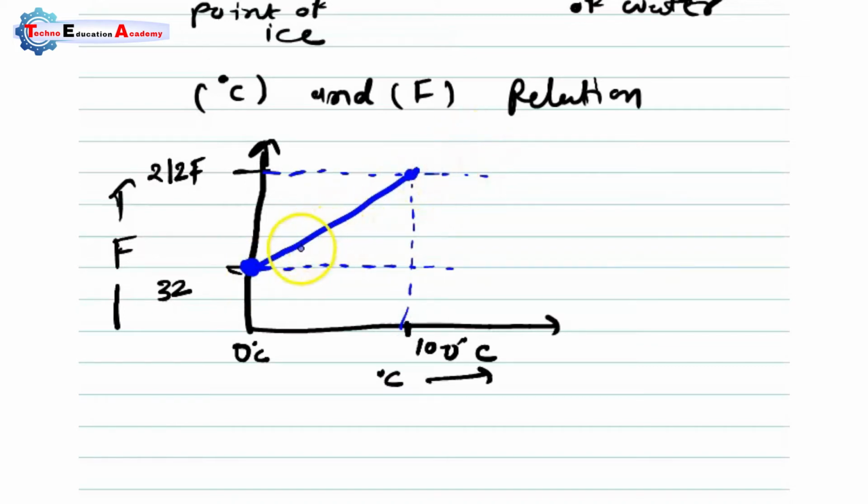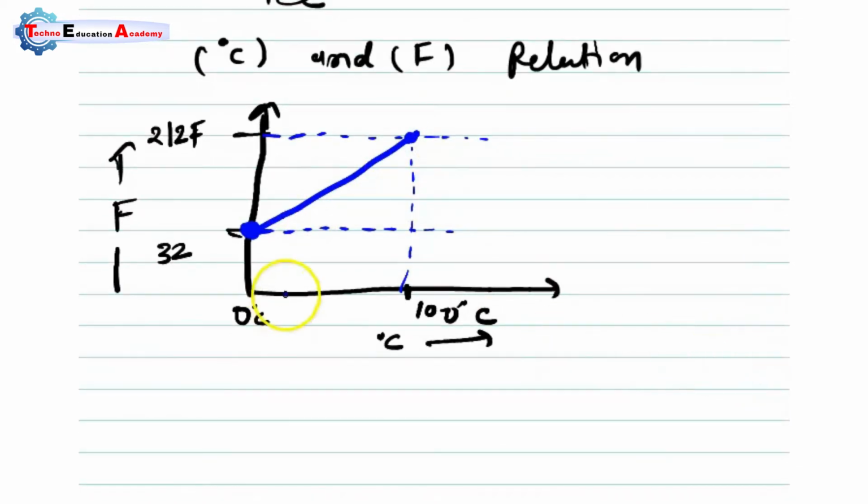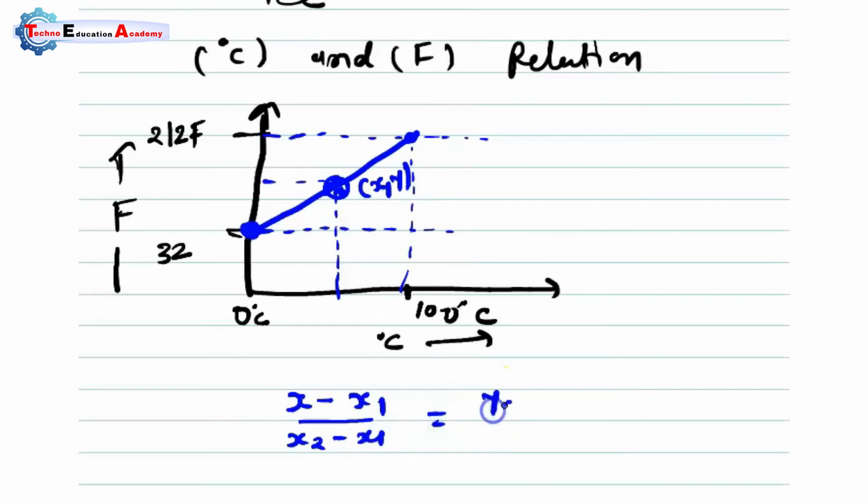So this is the relation between degree Celsius and Fahrenheit on the XY graph, but we can make a formula for a particular point. There is a point here with coordinates x and y. I can write the mathematical formula like that: (x minus x1) divided by (x2 minus x1) is equal to (y minus y1) divided by (y2 minus y1).